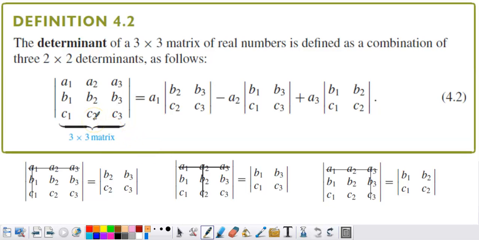So when we compute this 3x3 determinant, the values in the first row come out as the coefficients of three smaller 2x2 determinants. You will notice a little bit of a weird thing happening with the signs. We have subtraction between the first term and the second term, and then we're adding on the third term.